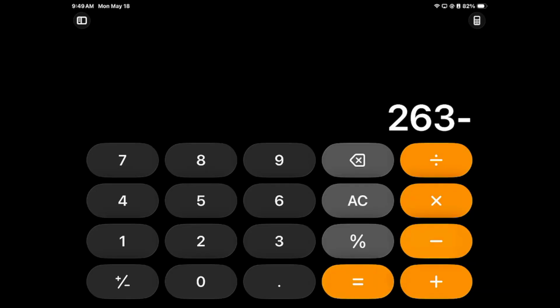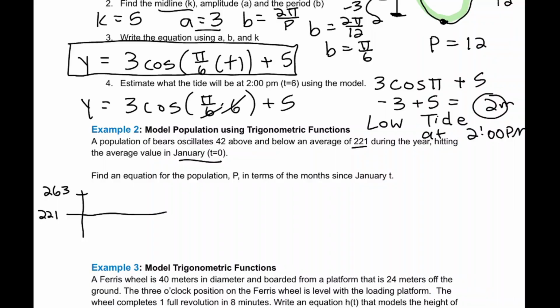If I minus 42, it goes down to 179. Now again, this said it starts on the average, and it's going to go up and go down.